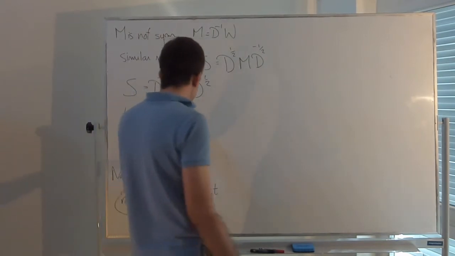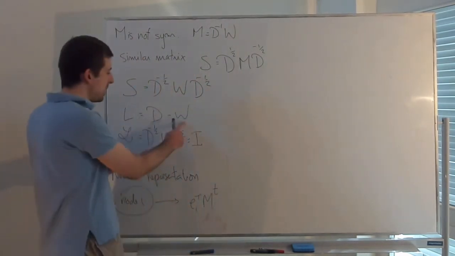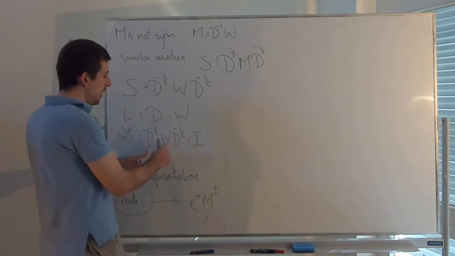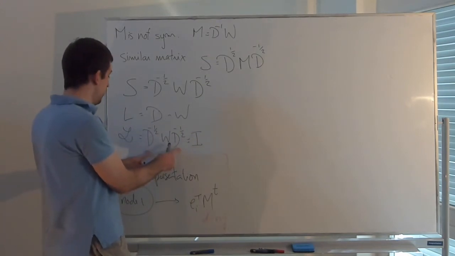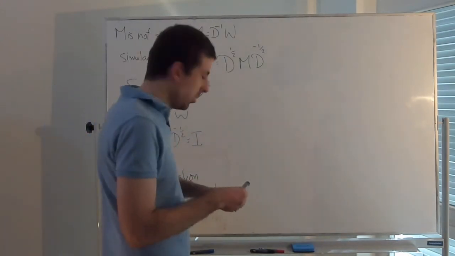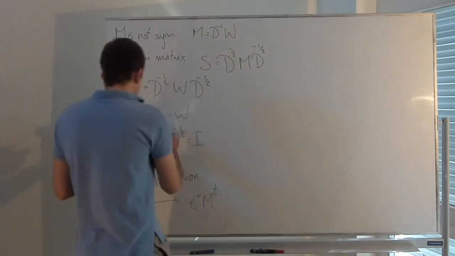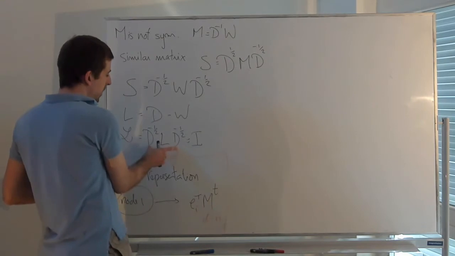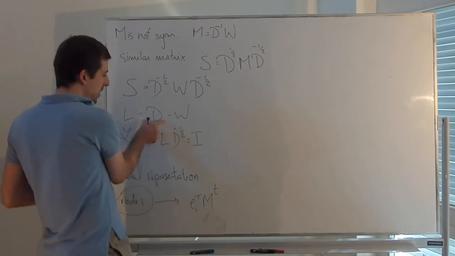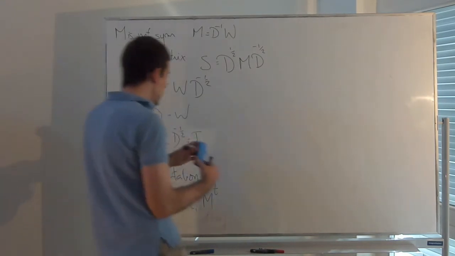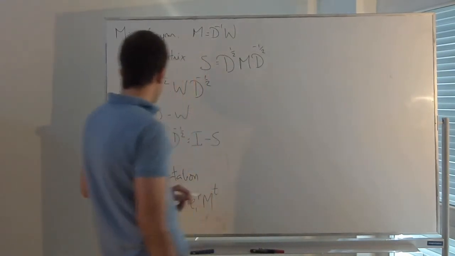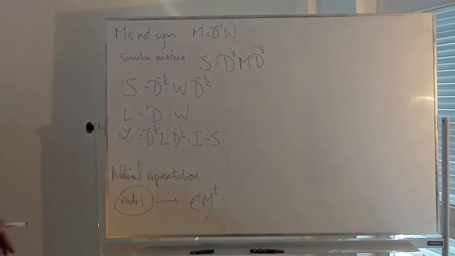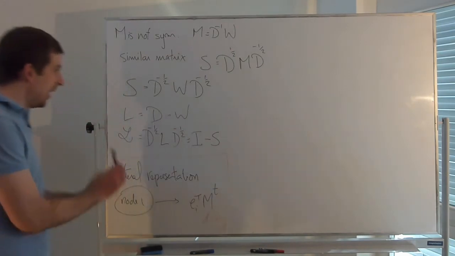So this is the identity minus D^(-1/2) W D^(-1/2). Oh, this is a typo, it's supposed to be an L. When D^(-1/2) hits the D on both sides, you get the identity; when it hits W, you get S.